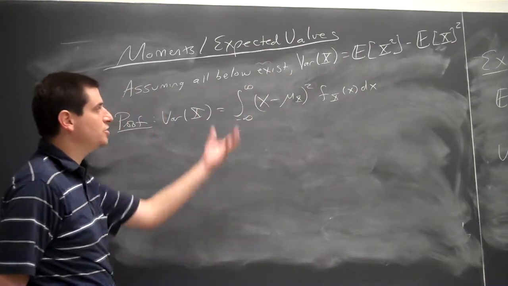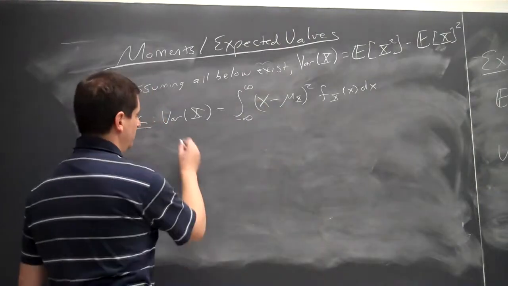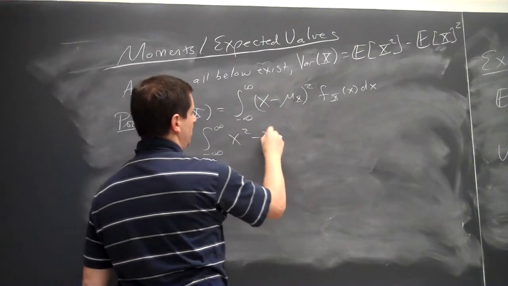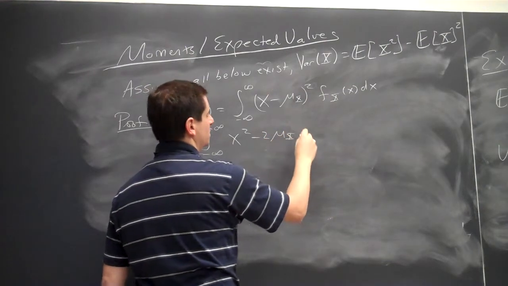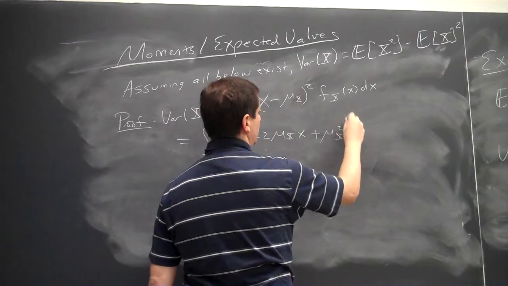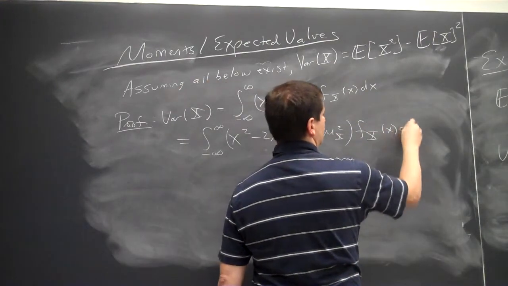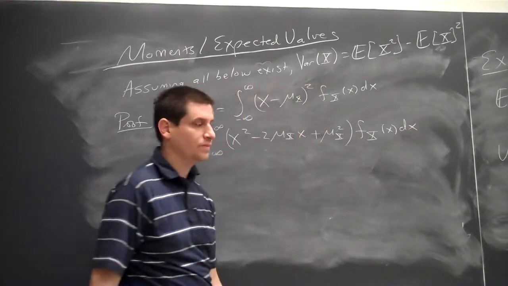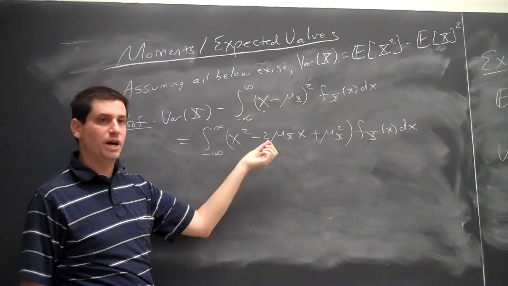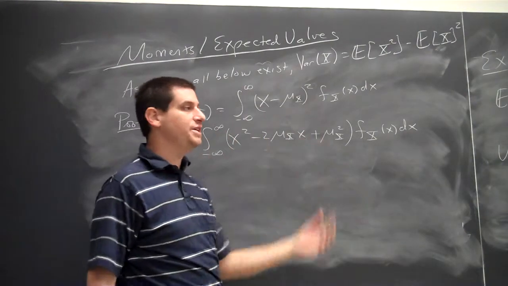And now the proof is basically just algebra following your nose. Expand the square. And I have the integral from minus infinity to infinity of x squared minus 2 mu_X times x plus mu_X squared, times f_X of x dx. Okay, well now looking at this, the integral of a sum is the sum of the integrals as long as everything is finite.